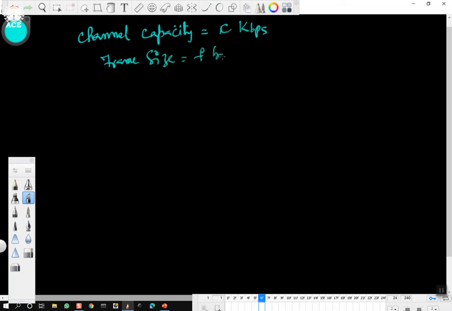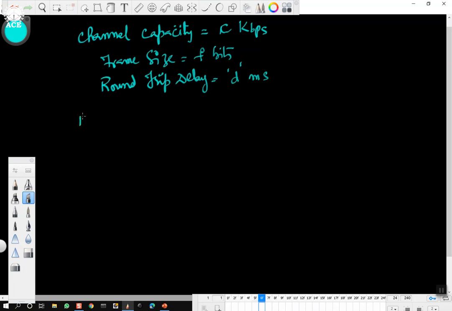So I assume some framework here. Let us imagine the protocol or the system supports a channel capacity denoted by, let us say, C kilobits per second, and let us say the frame size is f bits, and round trip delay is, let us say, d milliseconds.